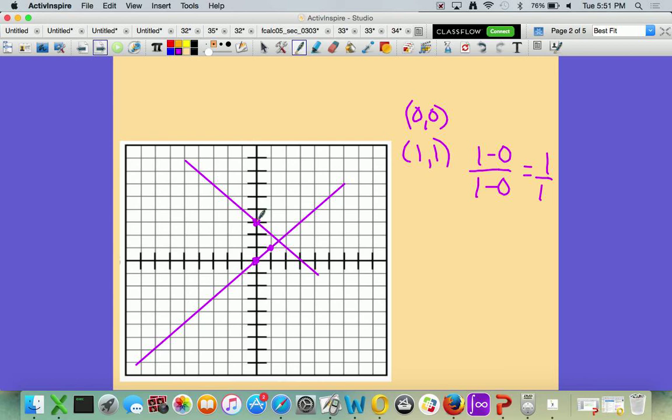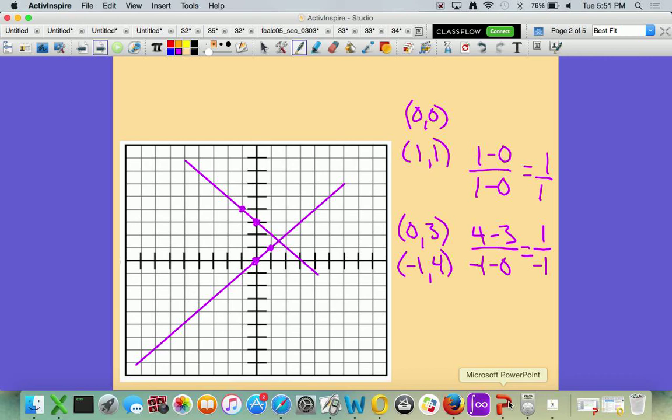So I'm going to pick out that one and that one. So we've got the point 0, 3 and negative 1, 4. Y minus y over x minus x. What we have here is 1 over negative 1. Now, they're obviously not parallel lines because the slopes are not the same, but are they perpendicular?